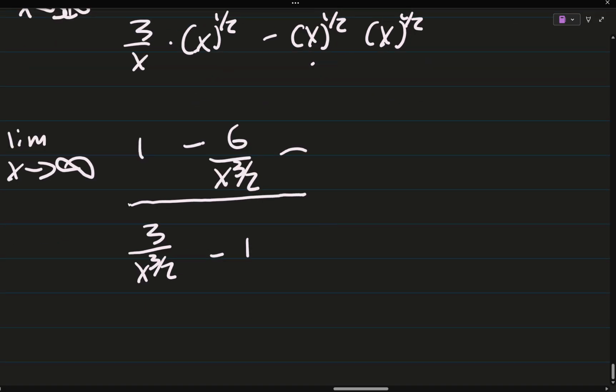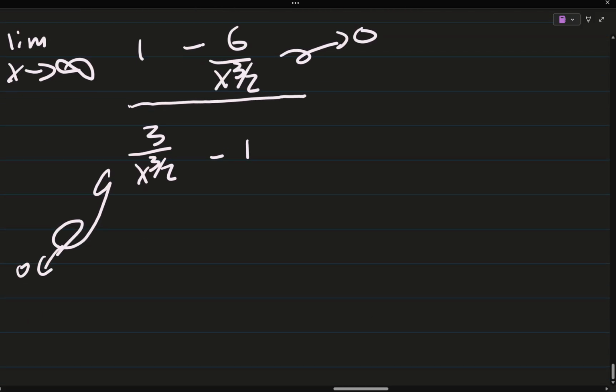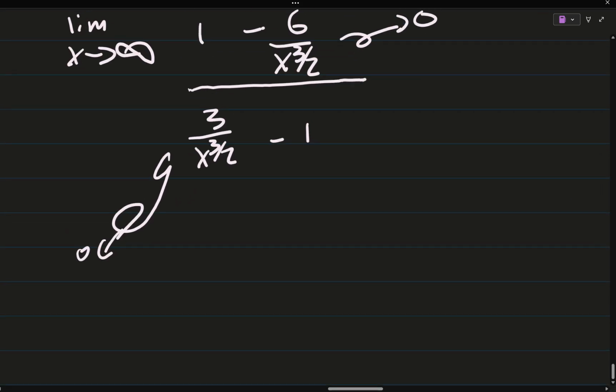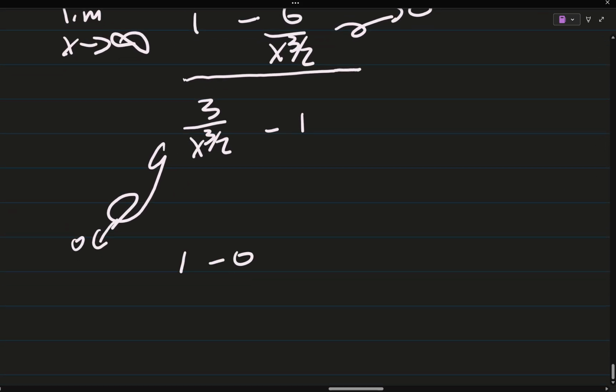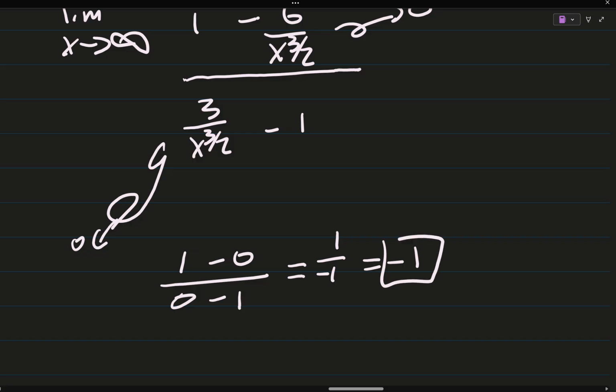So this will go to 0, and this will go to 0 as well. So basically now we have 1 minus 0 over 0 minus 1. That is just 1 over negative 1, which is just negative 1.